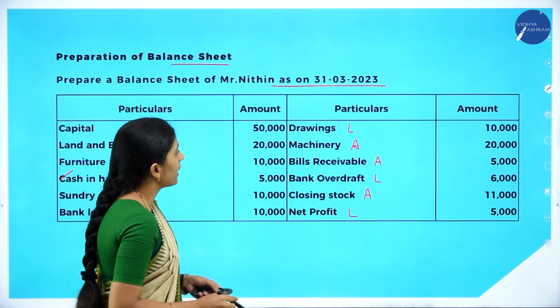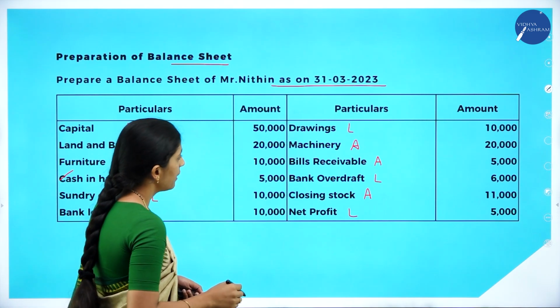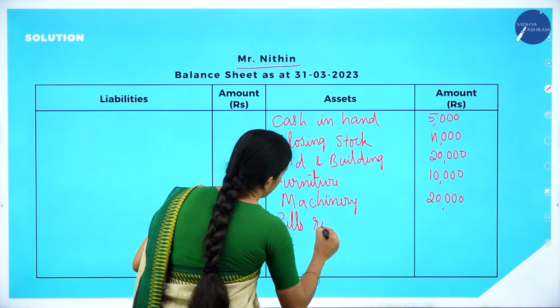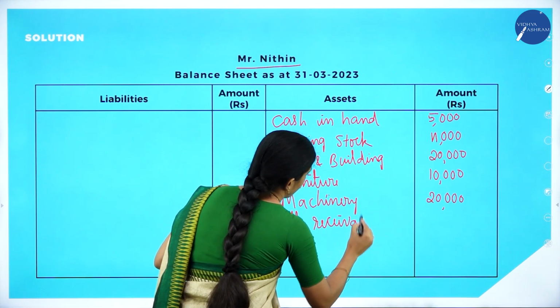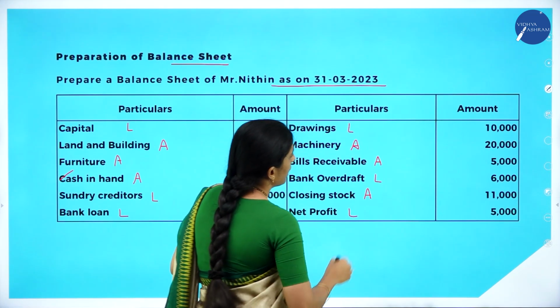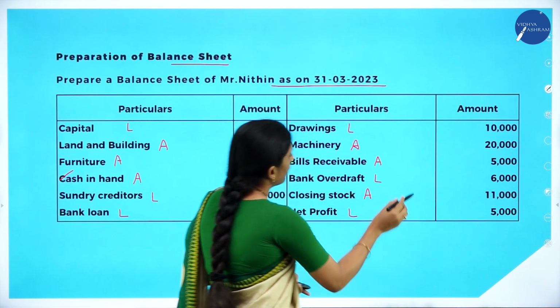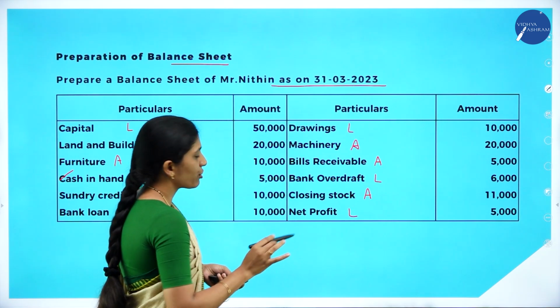Next, after machinery, we have bills receivable. It is a current asset. Bills receivable is 5,000. After bills receivable, closing stock is done.